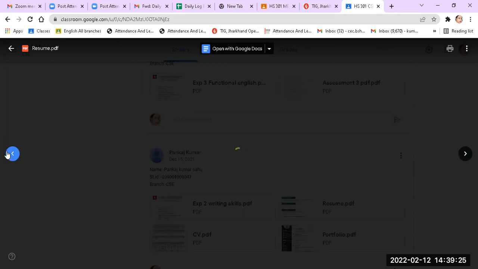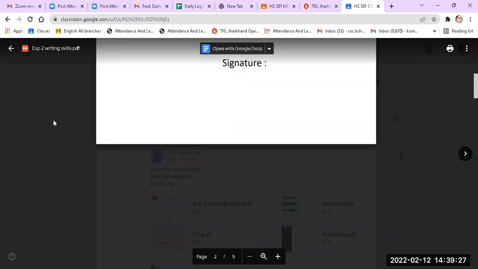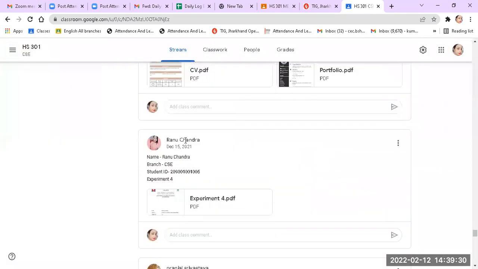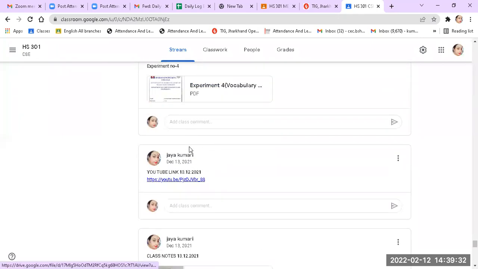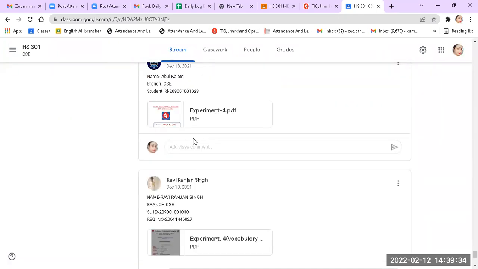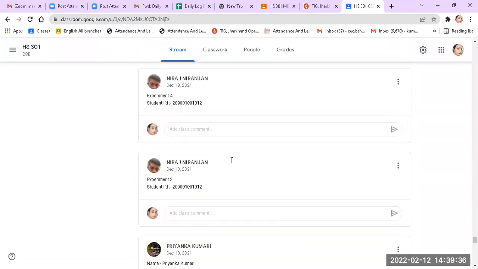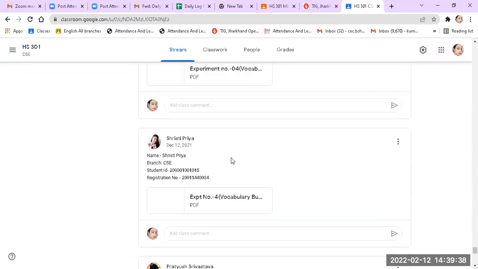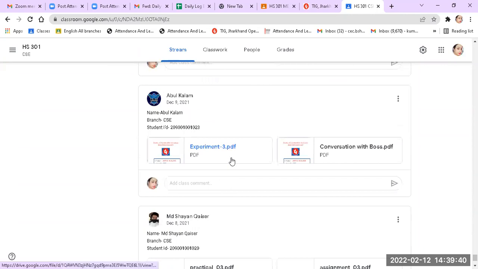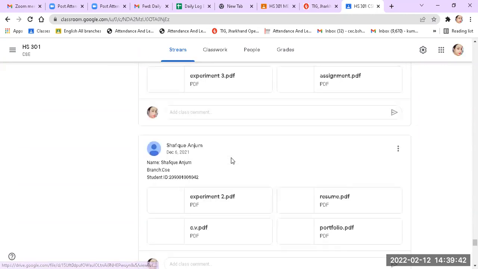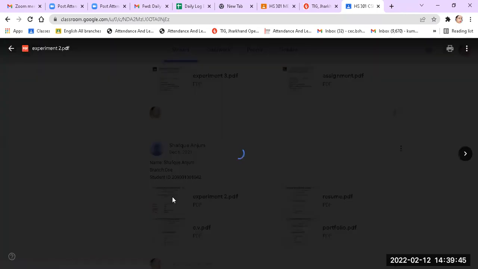It's loading. Actually, it is just loading. I think the net is slow.